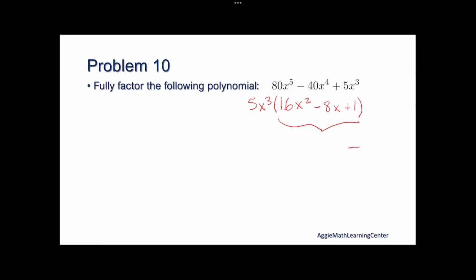And so we need to find something that multiplies to 16 and adds to -8. Okay, so what two things are gonna multiply to 16 and add to -8? -4 and -4 will work great.